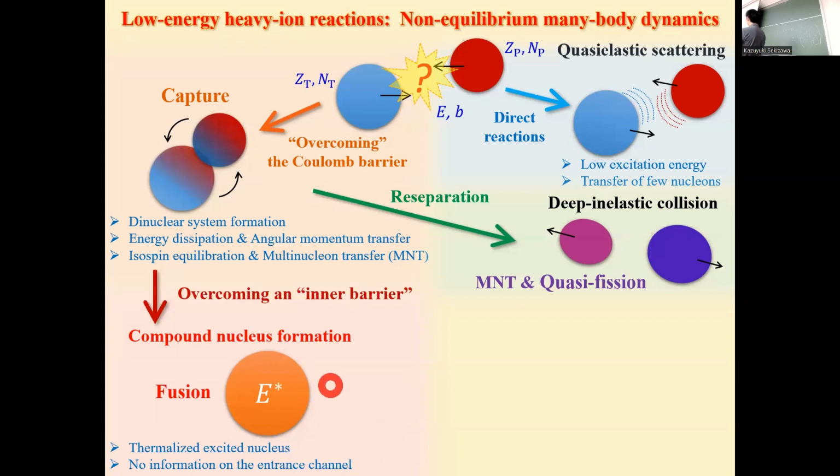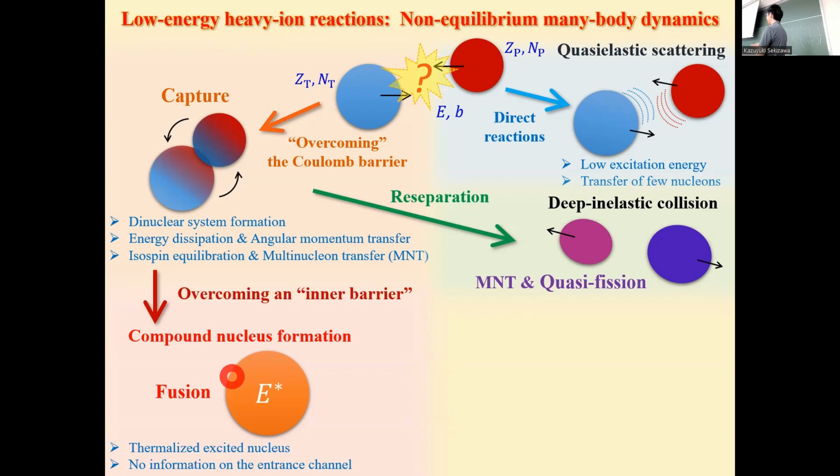So what is a compound nucleus? It is a complicated superposition of excited states. After compound nucleus formation, it loses the information about the entrance channel. That is the assumption of the compound nucleus: after its formation, we lose the information of what two nuclei were colliding.